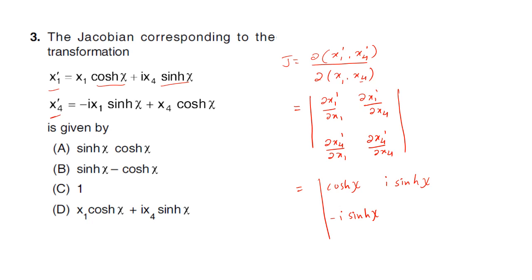So this one is cosh chi, that is cosh square chi, minus i square sinh square chi, that is equal to cosh square chi minus i square, which is minus, so it is sinh square chi, that is equal to 1. Therefore option C is correct.